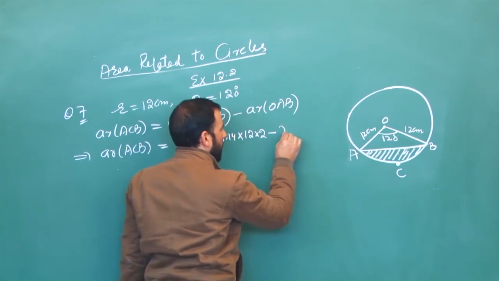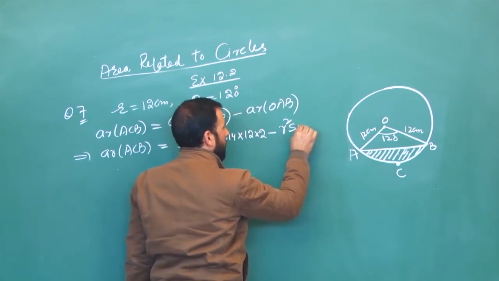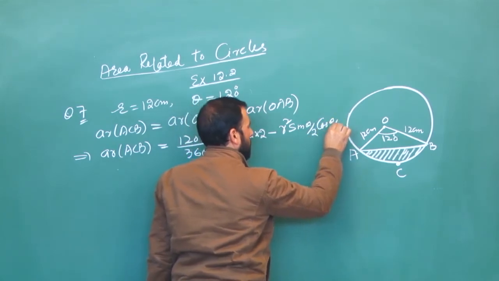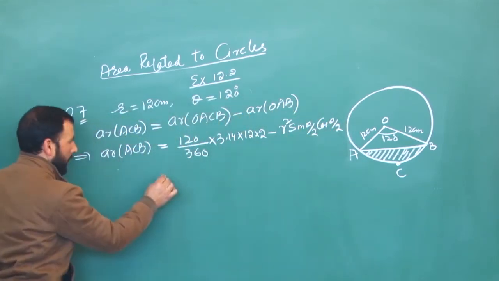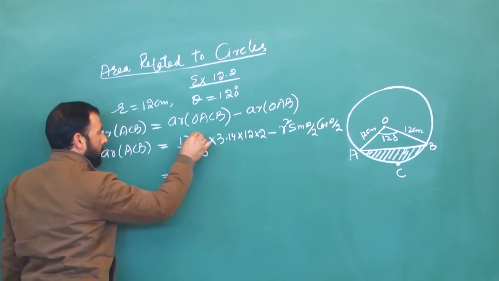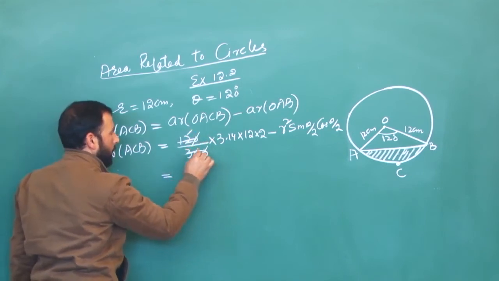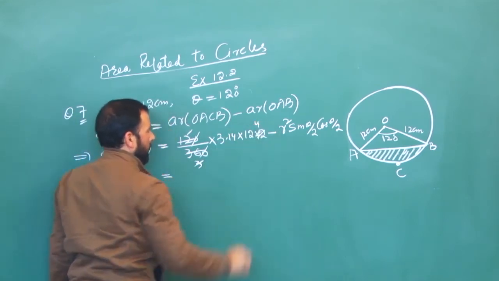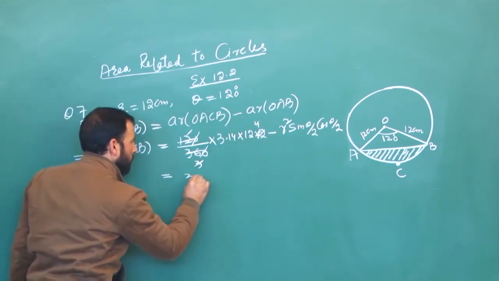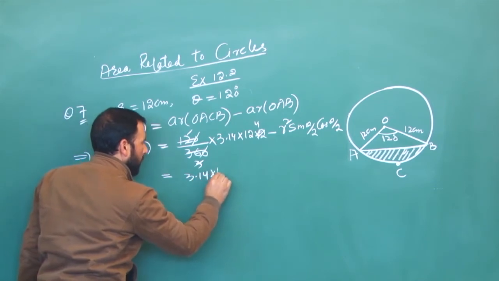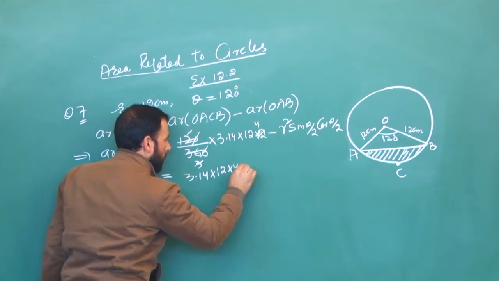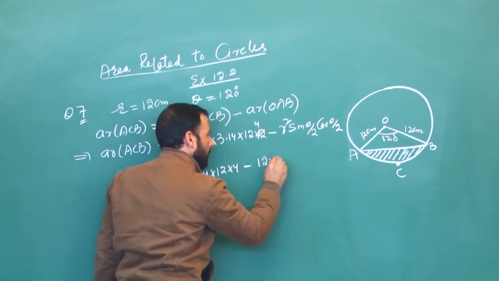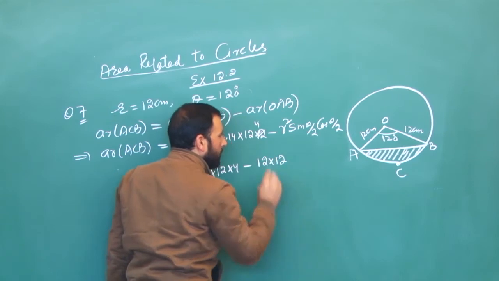The area of the triangle is r square sine theta by 2 cos theta by 2. Simplifying, 120 by 360: the zeros cancel, 12 ones are 12, 12 threes are 36, so it becomes 1 by 3, and 3 times 4 is 12. It becomes 3.14 into 12 into 4 minus r square, which is 12 into 12, sine theta by 2.